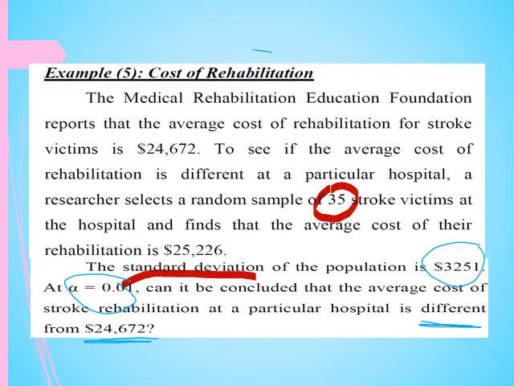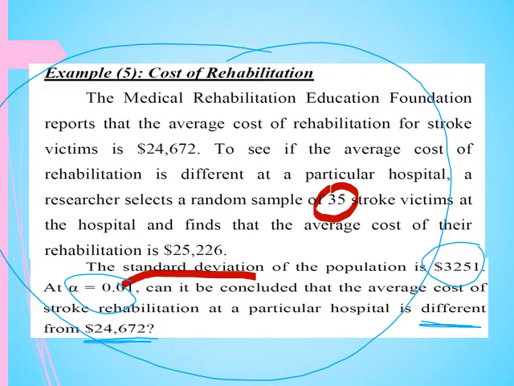Note that in this situation, there is no mention of greater than or less than. He just wants to know if there is a difference. So we are in a situation with a not-equal sign. I mean, the alternative hypothesis is for a two-tail test and will have a not-equal sign.